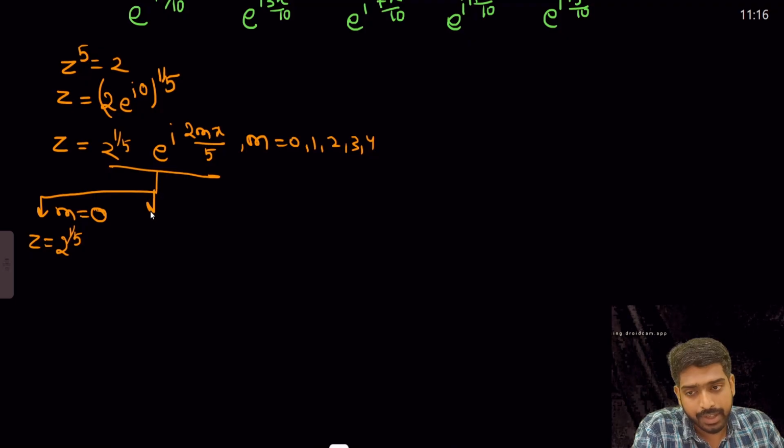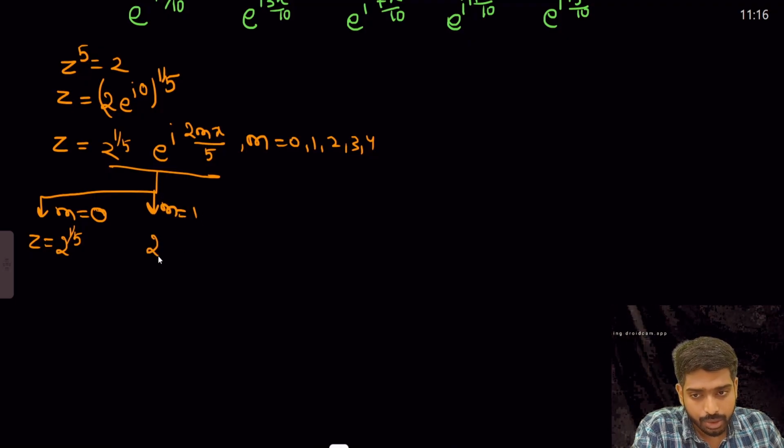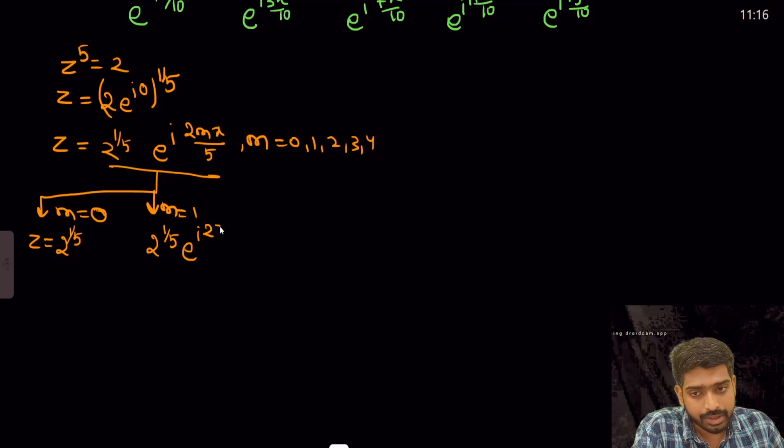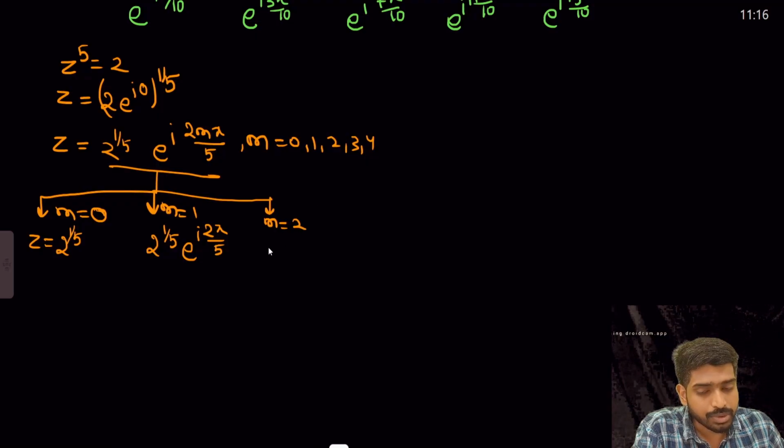Next we'll keep m value as 1. If we keep m value as 1, we'll get 2 to the power 1 by 5 e to the power iota 2 pi by 5. Next we'll keep m value as 2: 2 to the power 1 by 5 e to the power iota 4 pi by 5.